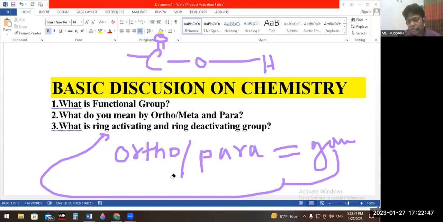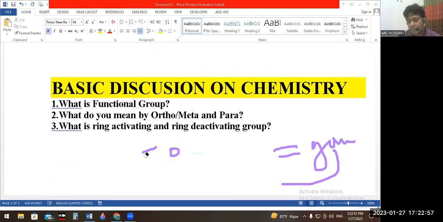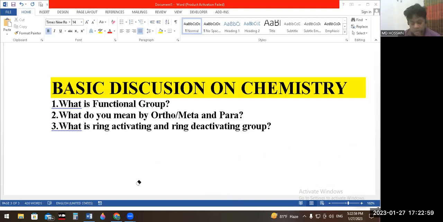You cannot connect these functional groups at the ortho and para positions of a benzene ring. You can see here, the benzene ring is always connected through a meta position, as the functional group is a meta indicator.